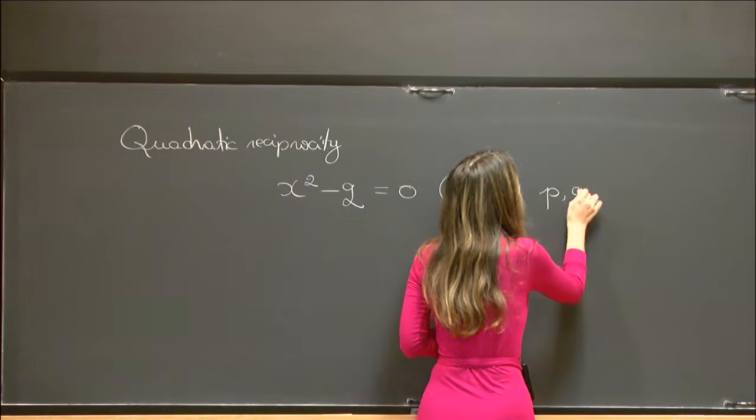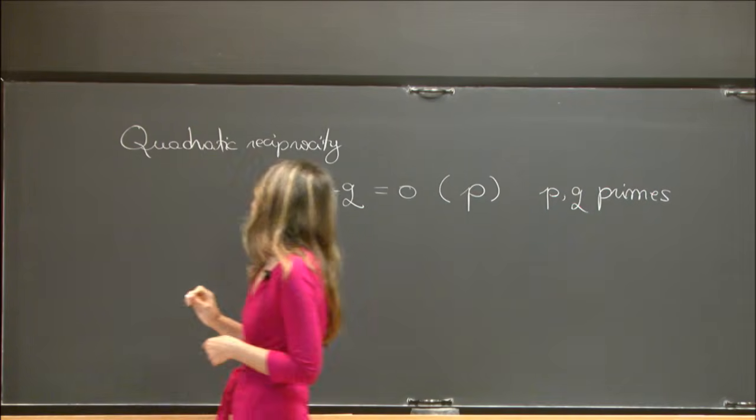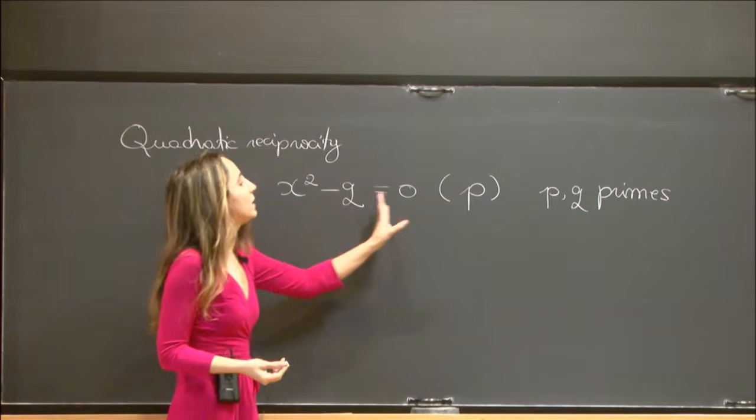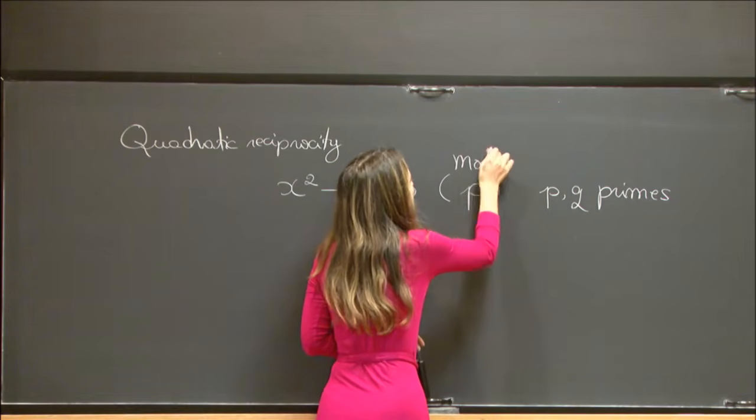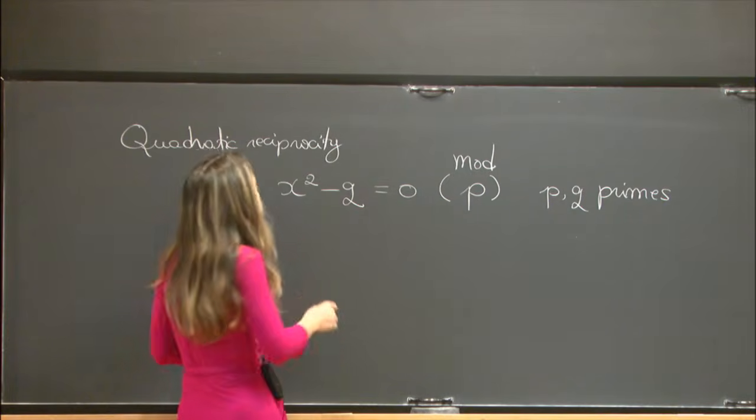So p and q are primes. So you can ask this kind of question, or alternatively, how does the number of solutions to this equation modulo p vary as p varies?